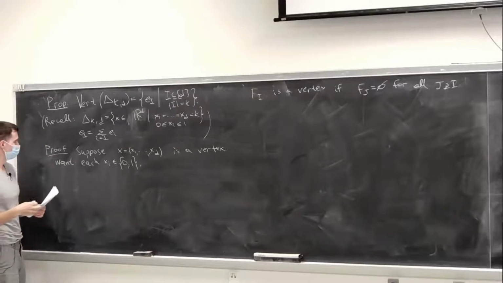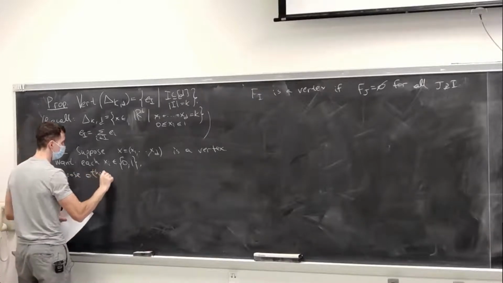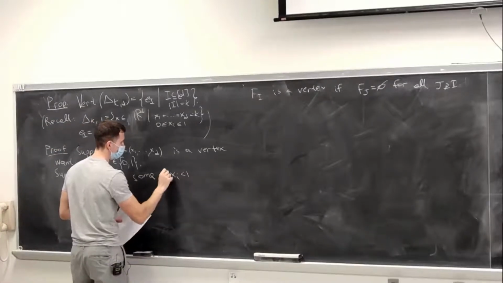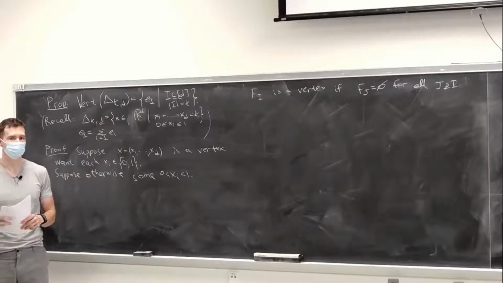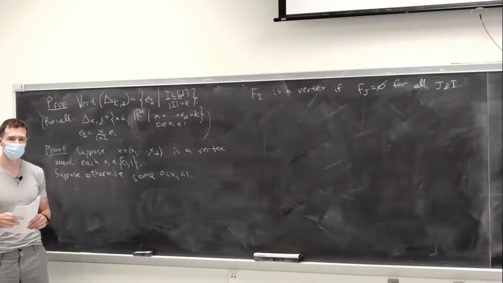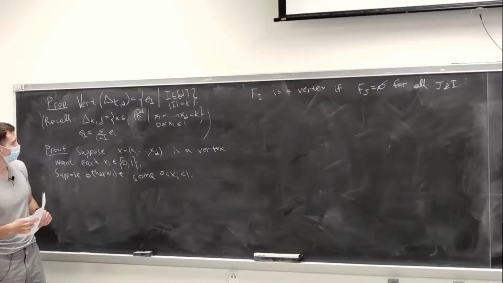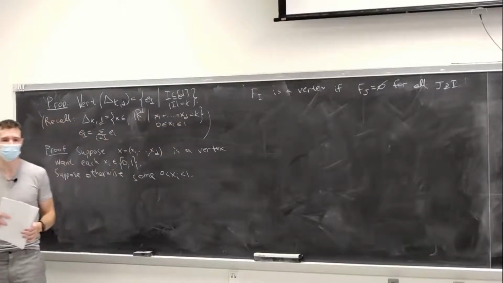So how do I prove this? Suppose otherwise, that x_i is strictly between 0 and 1. Then what do I do? Let's say we have no h, I just want to look at the hyperplane.